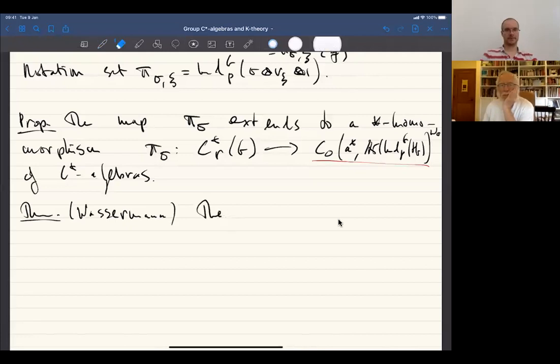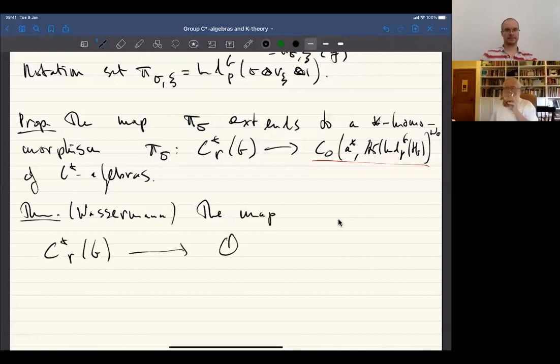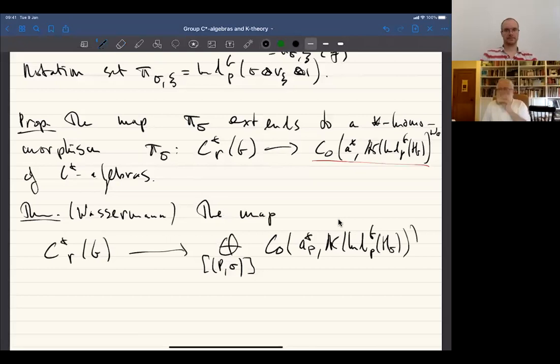That the following map: now we get the same direct sum over these equivalence classes of pairs P sigma, where we're now going to put here A P, oops, K induced representation GPH sigma, W sigma invariance, which, well, you can guess what this map does.